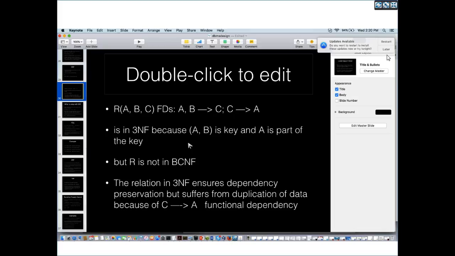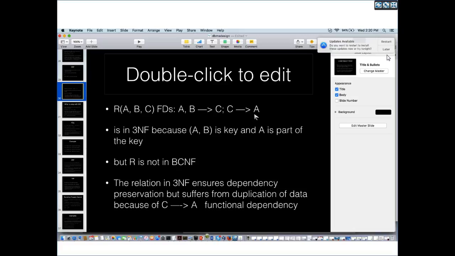But if you apply the rule that I gave for 3NF, that the right-hand side is part of the key, the right-hand side A is part of the key, then we are going to say this is in 3NF.